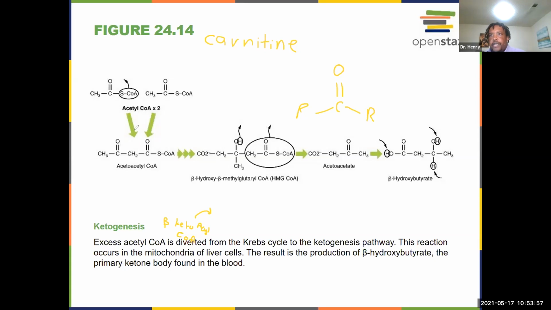They're going to come together, and then you're going to get the acetoacetyl-CoA. The acetoacetyl-CoA is then going to be used to make your beta-hydroxy beta-methylglutaryl-CoA, or your HMG-CoA.